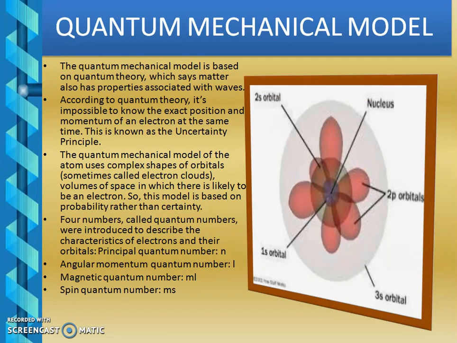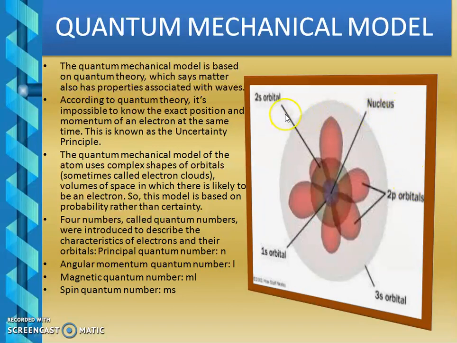The quantum mechanical model is based on quantum theory, which says that matter also has properties associated with waves. According to this quantum theory, it's impossible to know the exact position and momentum of an electron at the same time. If you remember, this is the uncertainty principle.